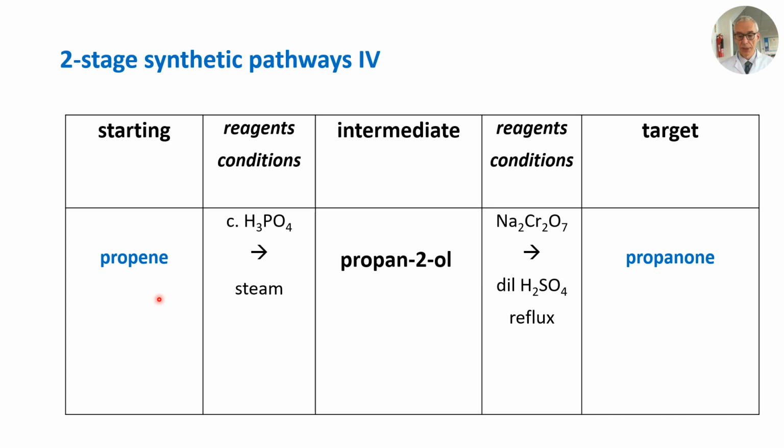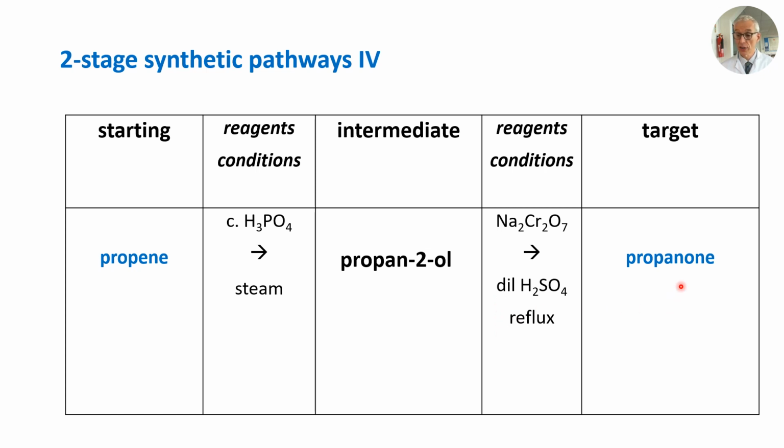So to propene, I'm going to add water, H2O across the double bond. So the conditions are steam and catalyst concentrated phosphoric acid will make me propan 2-ol. I then oxidize propan 2-ol with sodium or potassium dichromate, dilute sulfuric acid and reflux to form the ketone.